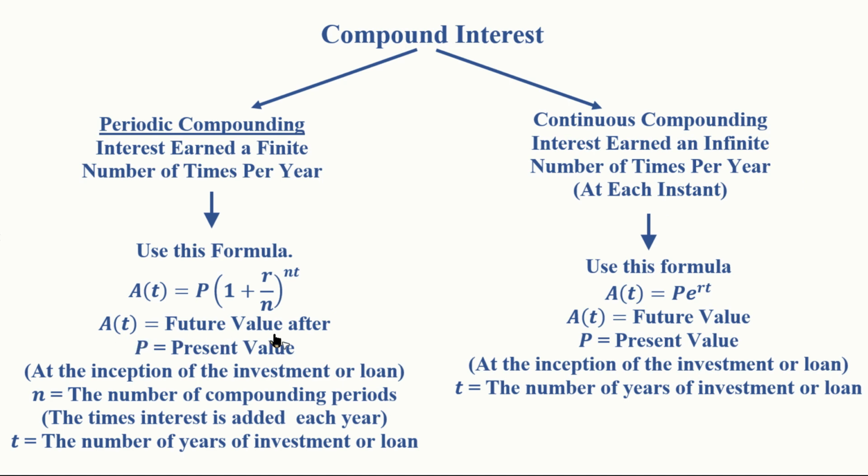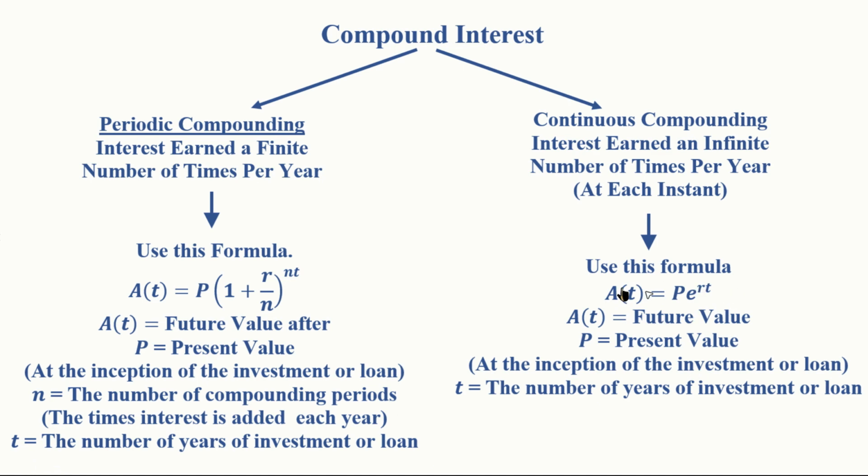Now, if you have the scenario where there is periodic compounding, you're going to use this formula. Again, A of t is the future value after t years. P is the present value, that means at the inception or the beginning of the investment or loan. N is the number of compounding periods, that means the number of times interest is added each year. And t is the number of years of investment or loan.